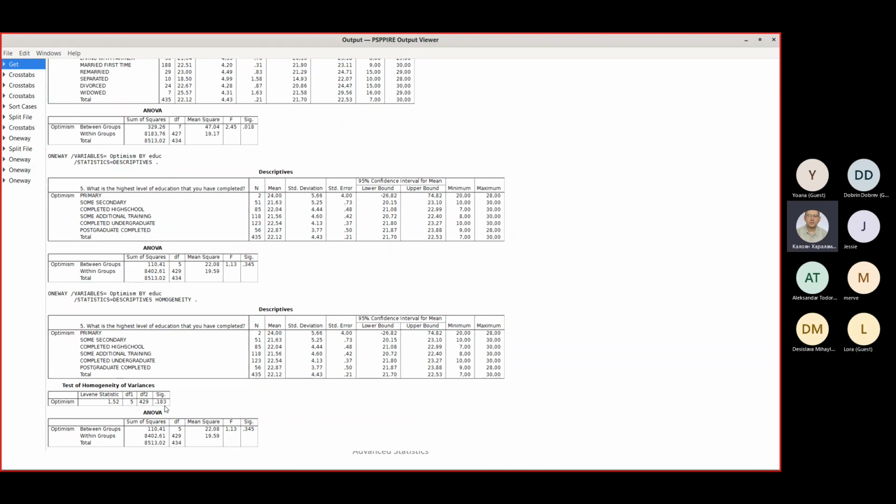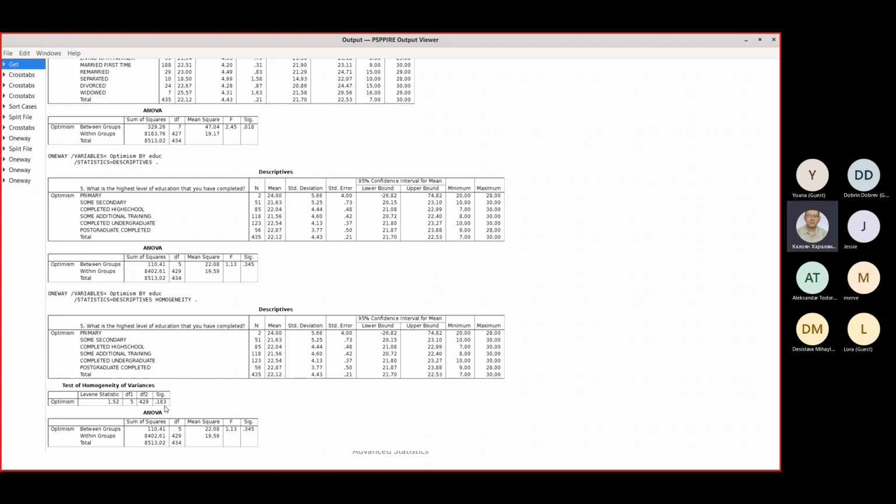Sorry, since the significance level is larger than the probability of type 1 error, we must accept the null hypothesis. That means that there are no differences between variances in all groups.